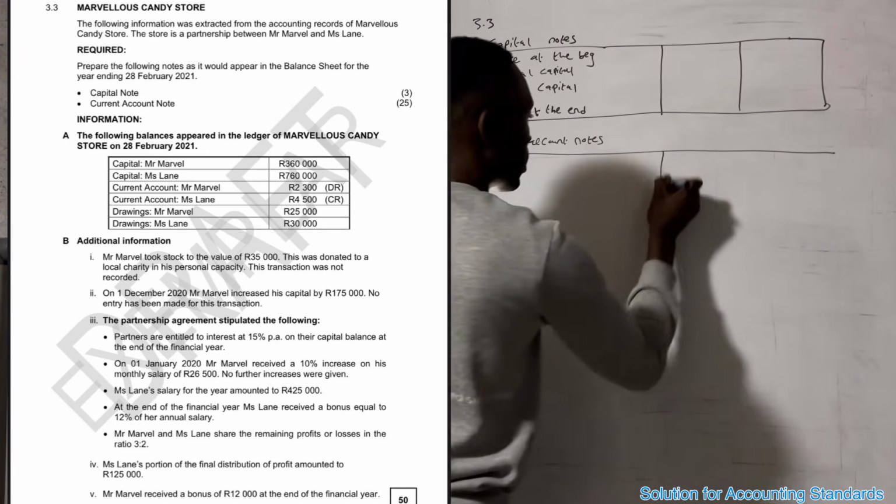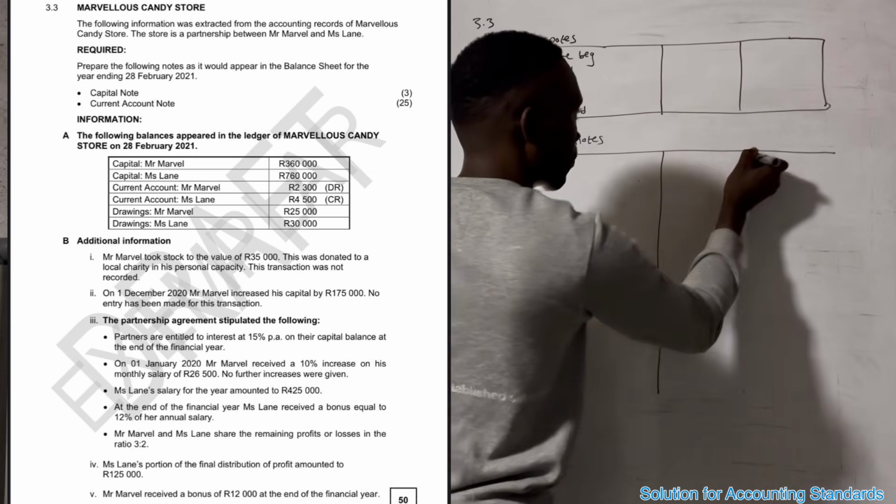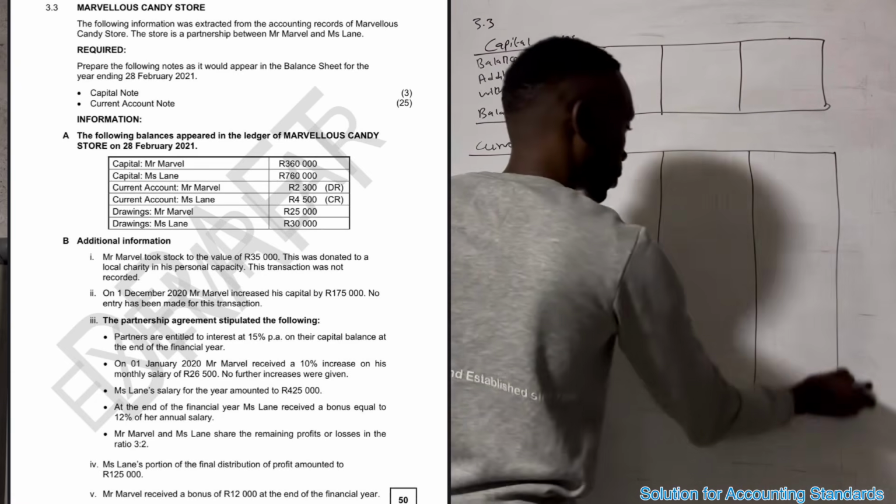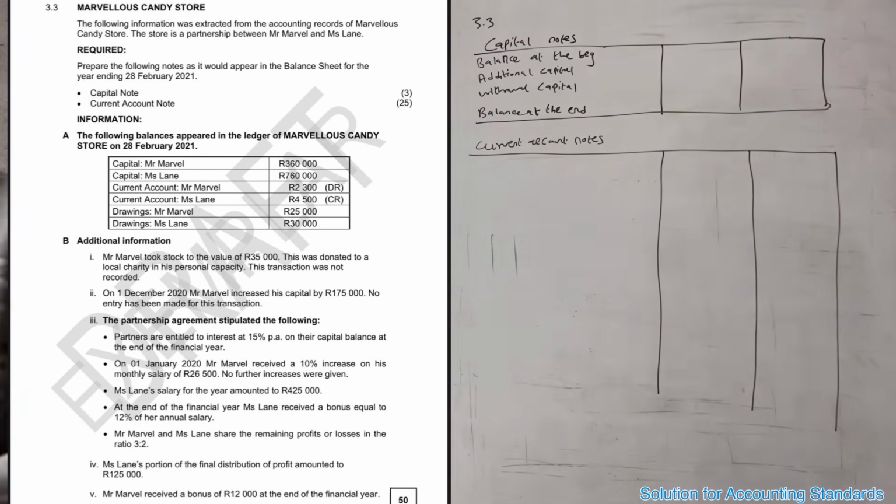Two partners. Okay, let me see if this is visible. Okay, it is. It is visible. Okay.